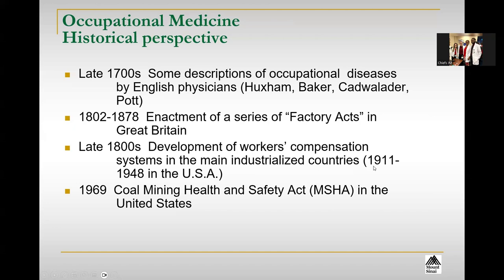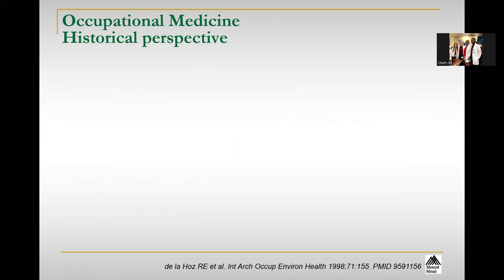In the United States, it proceeded state by state from 1911, and curiously enough, Mississippi was the first one to 1948 in the USA. And in 1969, the first specifically occupational lung disease law, the Coal Mining Health and Safety Act, which is still in place, was enacted in the United States.